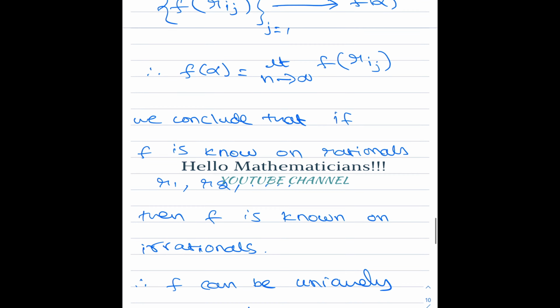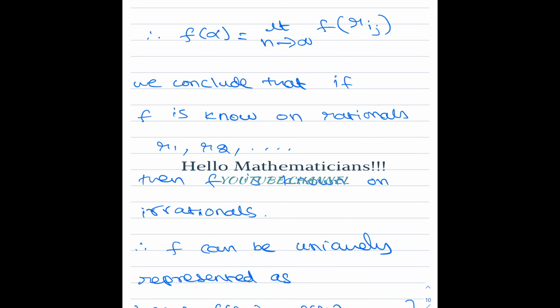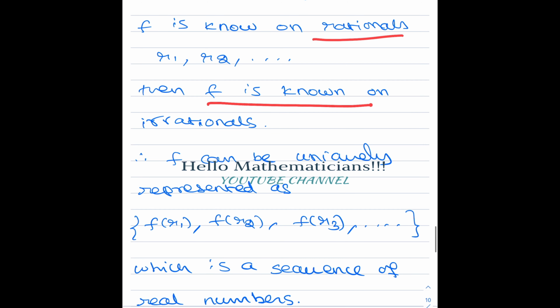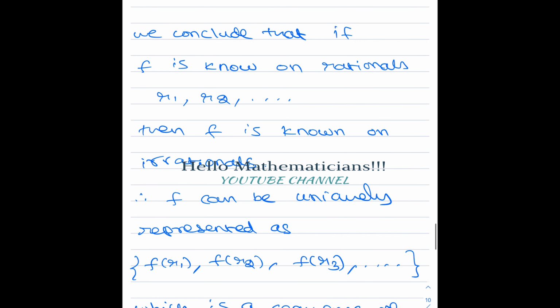In particular, if f is known on the rationals, then f is known on the irrationals, because for any irrational number there will be a rational sequence converging to it, then use the continuity to find the value of the function f at the irrational.